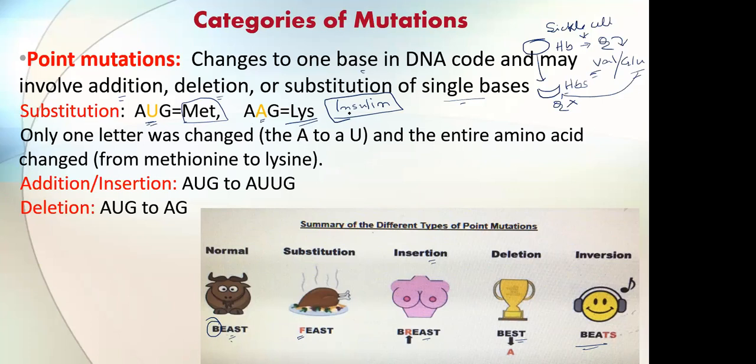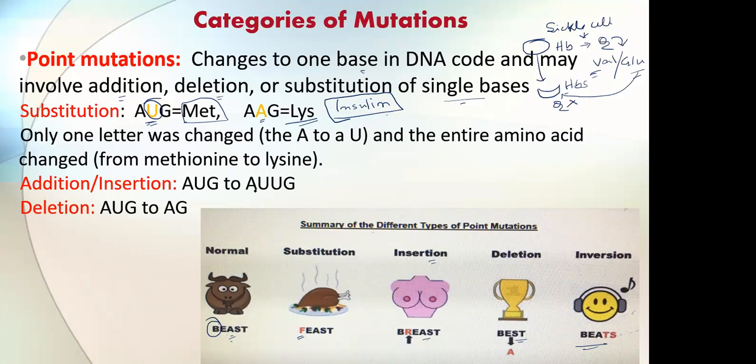The body cannot even start the process, because if the start codon is not there, then protein synthesis will not start. Just one change over here can stop the entire process. It's a huge, huge loss for the cell. So you can understand the effect of the mutation.